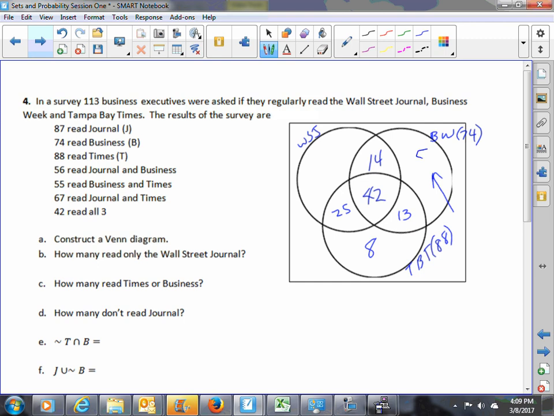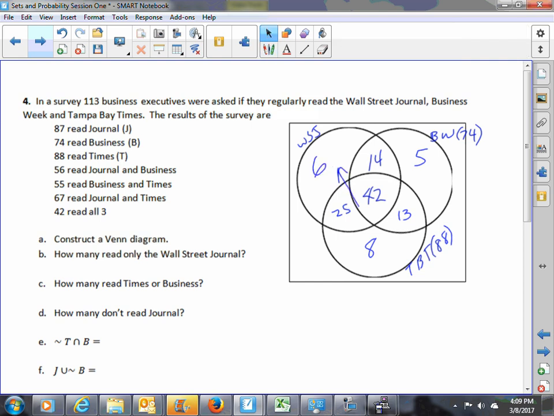So there would be 5 business executives that only read Business Weekly. And then, well, not finally, but next, there were 87 that read the Wall Street Journal. Now, this is 67 right here, plus 14 is 81, and since 87 read the Journal, there would be 6 more here.